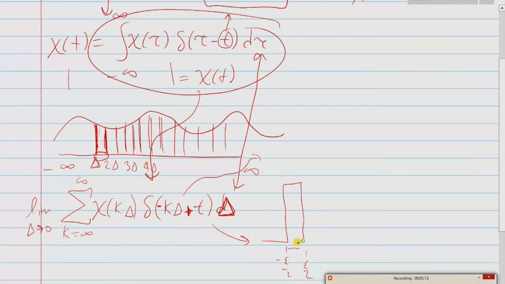And as you make this interval smaller and smaller, it jumps up to infinity. And so what I can do is I can represent this function as f of v, and I can say f of v of t minus k delta times delta of x of k delta, Riemann sum, and I can take the limit of epsilon going to 0 out of the summation.